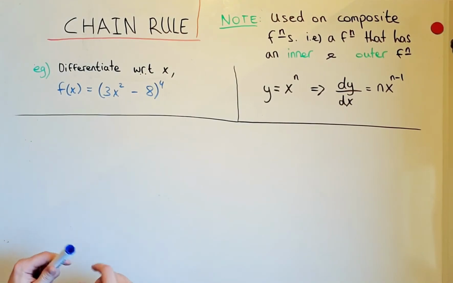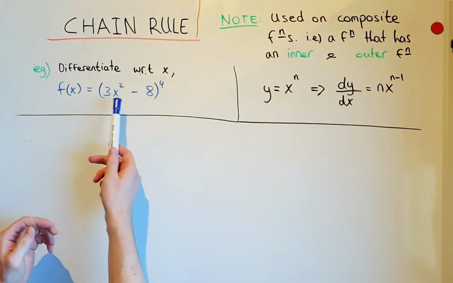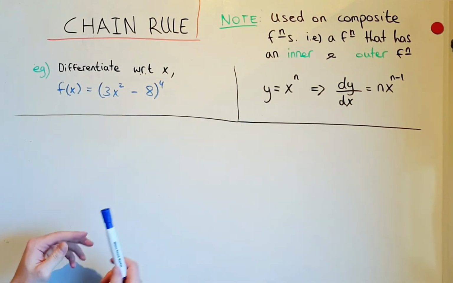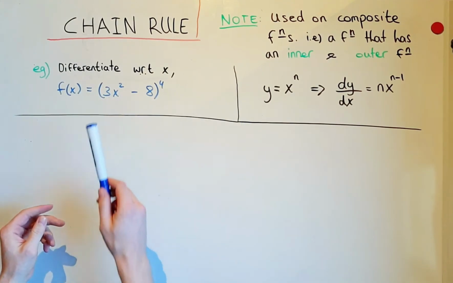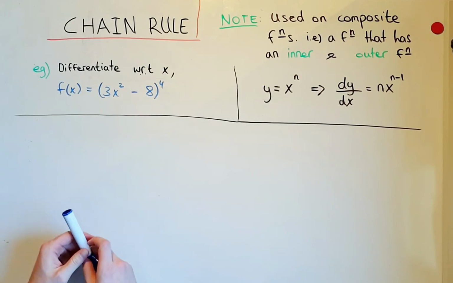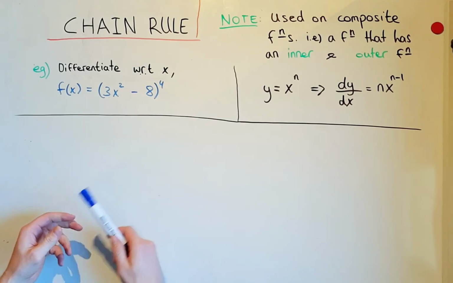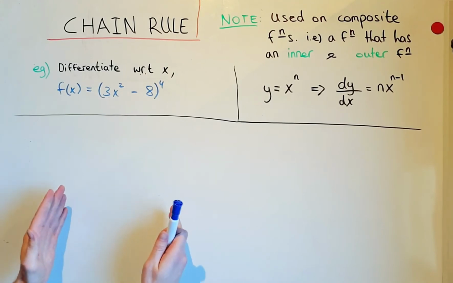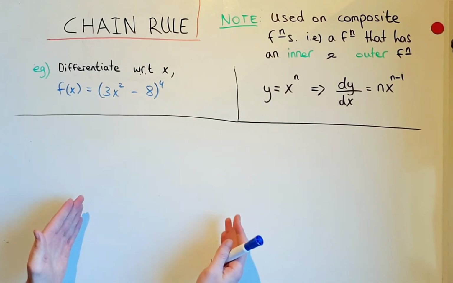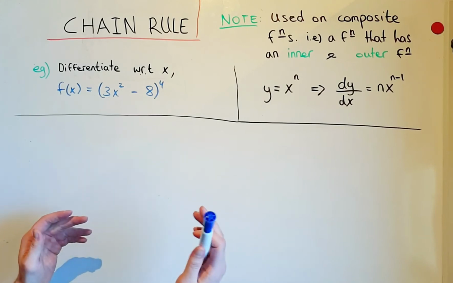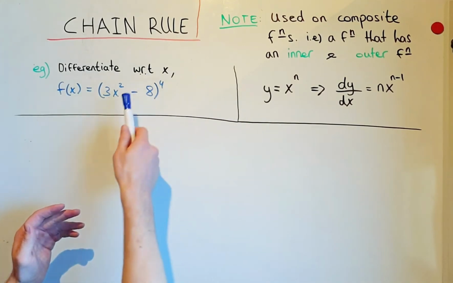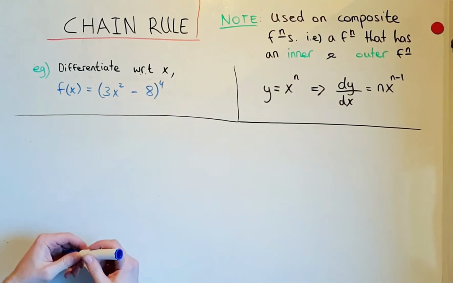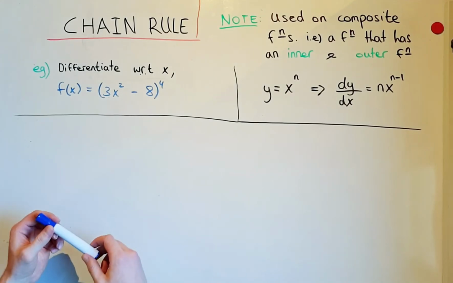Alright, so beginning this equation, we're first going to read the note that I have on the top right hand side. The chain rule is a type of differentiation. It's a method used on composite functions. Now a composite function is a function that has both an inner and an outer function. So reading that and then applying it to our first example, we can see that we indeed do have a composite function.